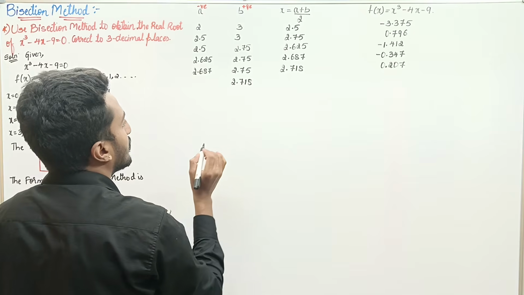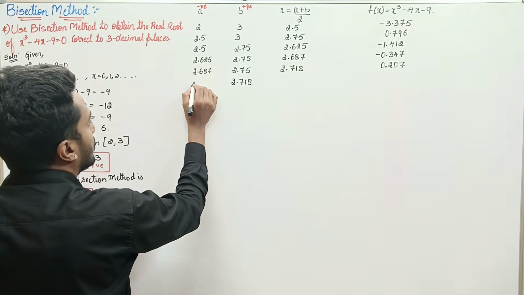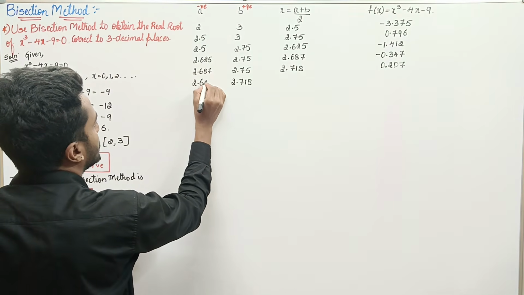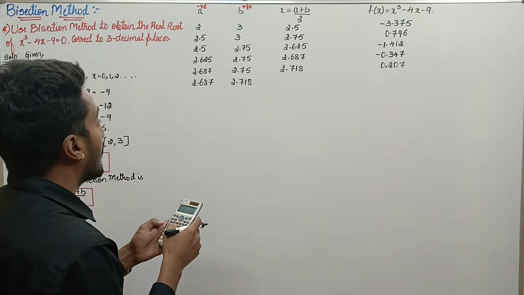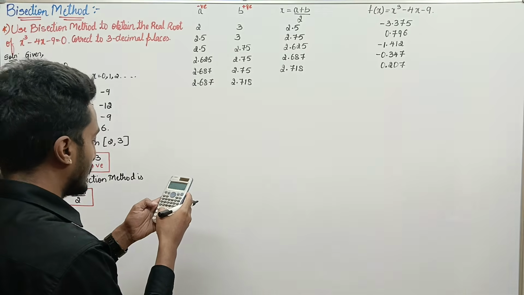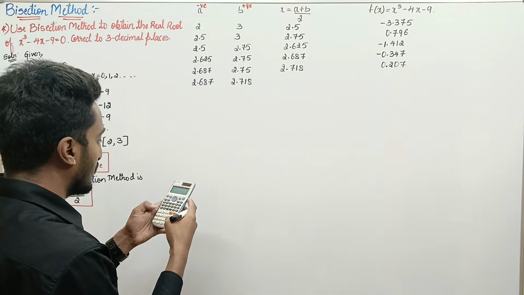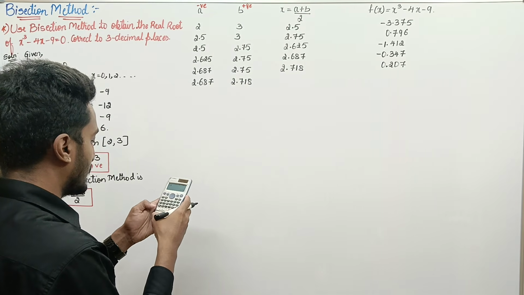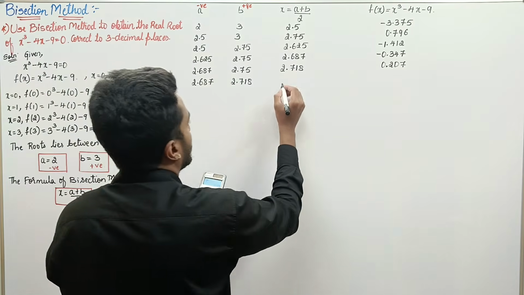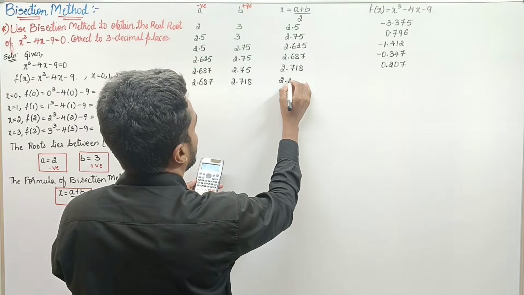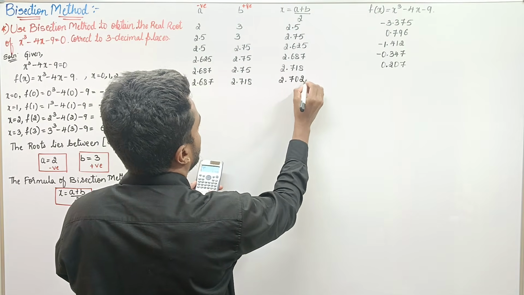2.718. Got the point? Now this negative term will be the same, 2.687. Now again calc value of A, 2.687 equals 2.718 equals, you get 2.702.